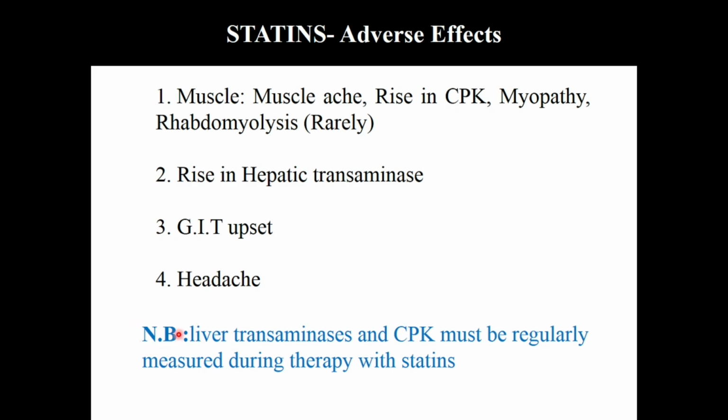A very important thing to notice is that liver transaminase and creatine phosphokinase should be regularly checked to notice whether there is any development of rhabdomyolysis or muscle disorder, and whether there is any problem in hepatic transaminases. So it's very important to regularly monitor these levels, so that any early adverse effect can be noted.